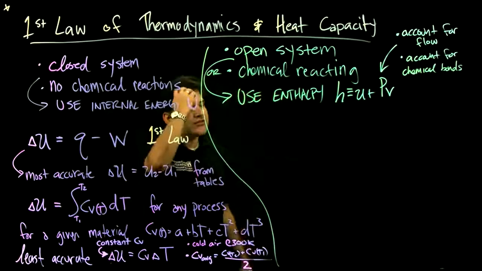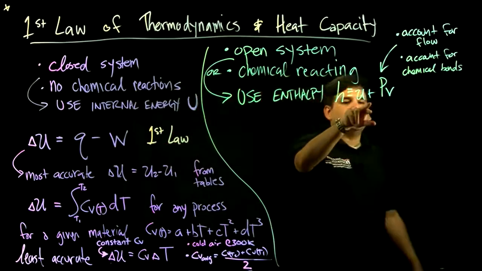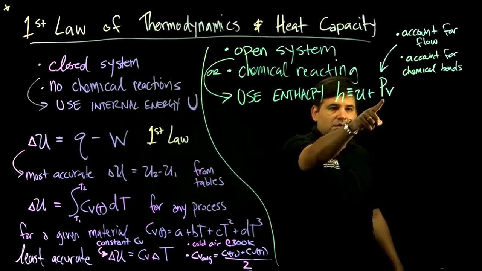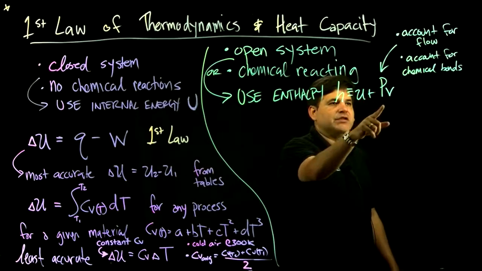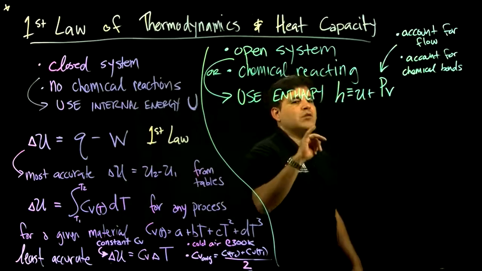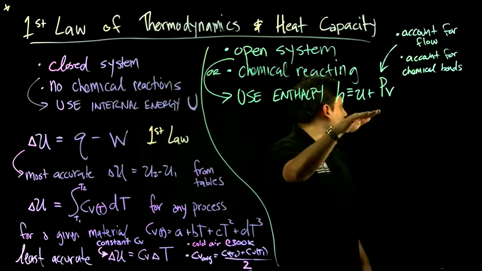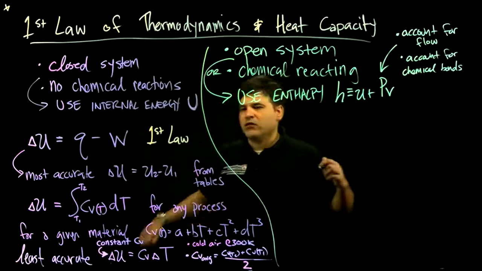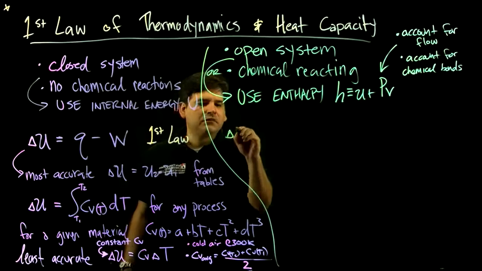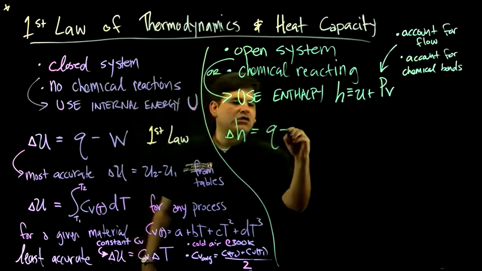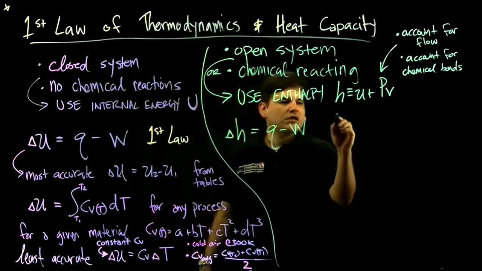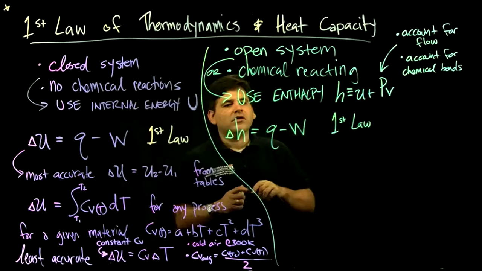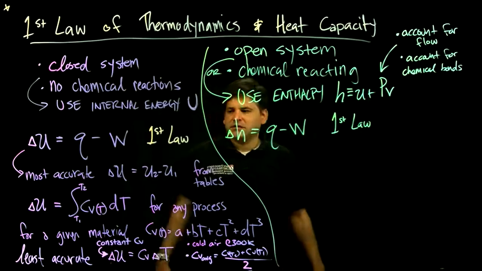And it's not that it accounts for chemical bonds directly, but it accounts for the fact that during a chemical reaction, you often have changes of pressure and volume. And with that, the enthalpy captures it much easier, and the reference point based on enthalpy is much better to work with when you have these changes in chemical bonds. So the first law in that case would be delta H equals Q minus W. It's still the first law. You're just using enthalpy to account for these flow effects or these chemical bond effects.